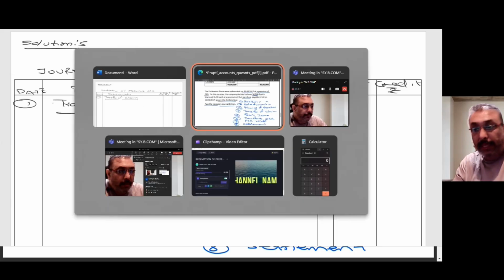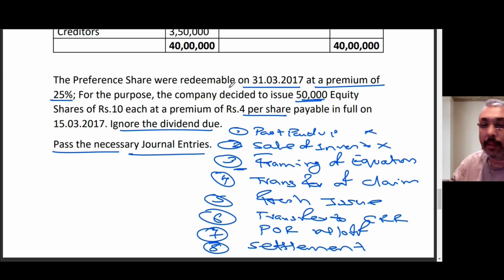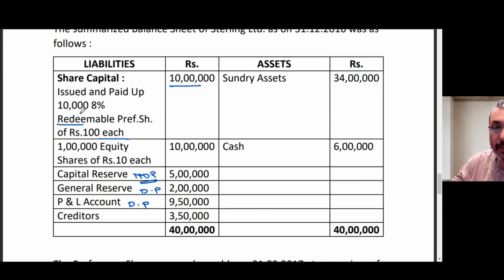Now what is the name of preference shares? Redeemable preference shares of 100 each.